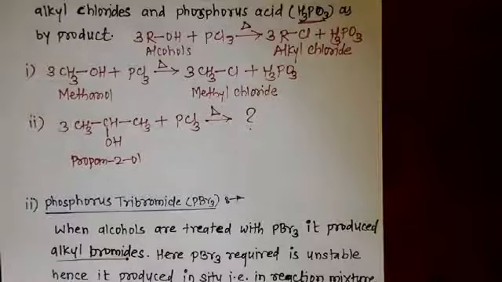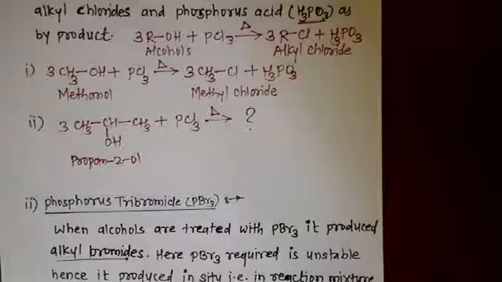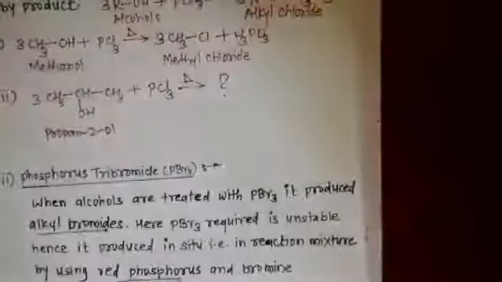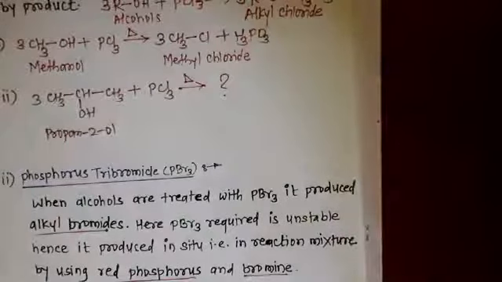Hence, it is a must to produce PBr3 during the reaction, as the reaction proceeds. Means PBr3 is produced in situ by using the reactants red phosphorus and bromine.